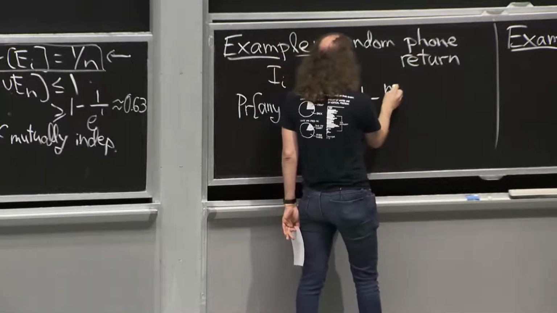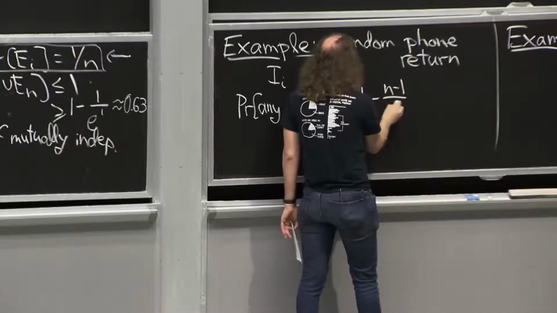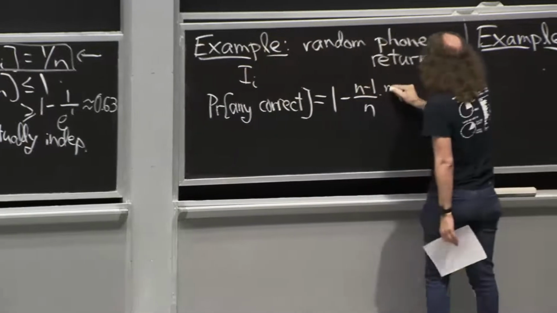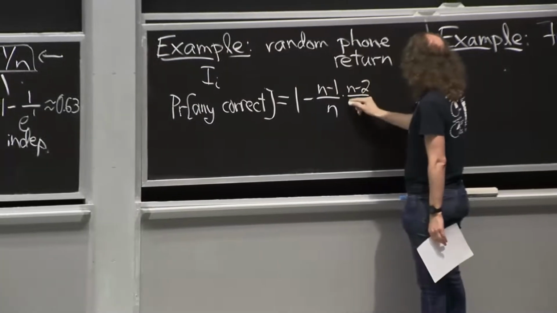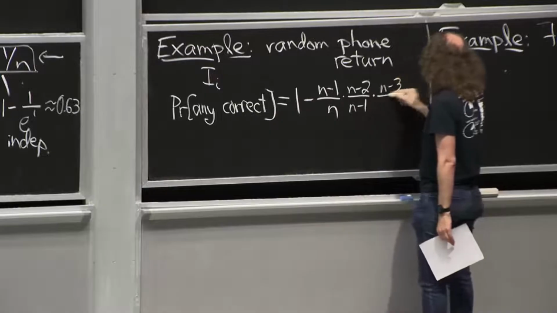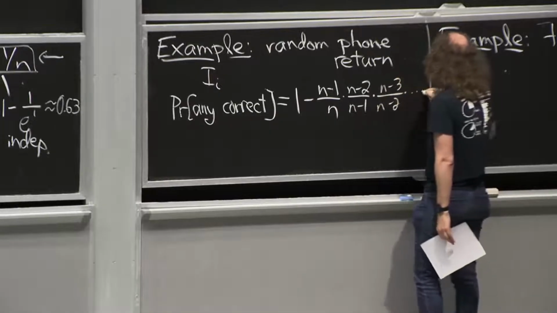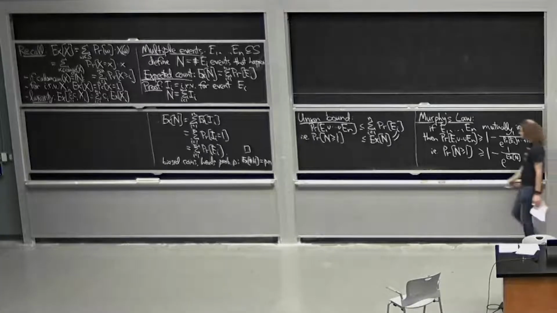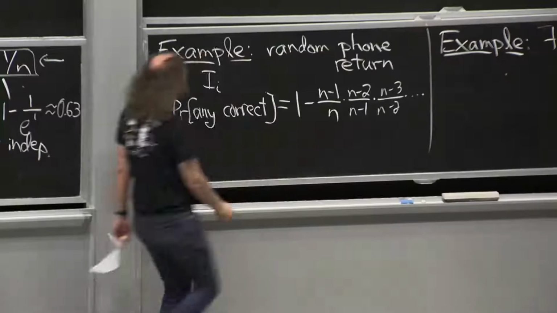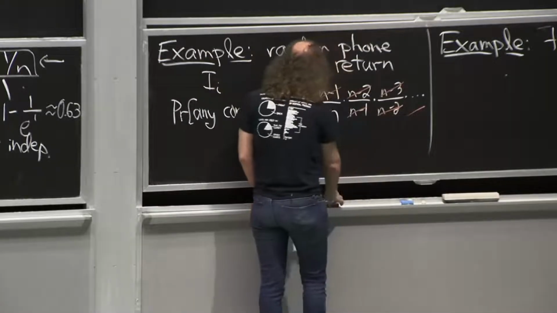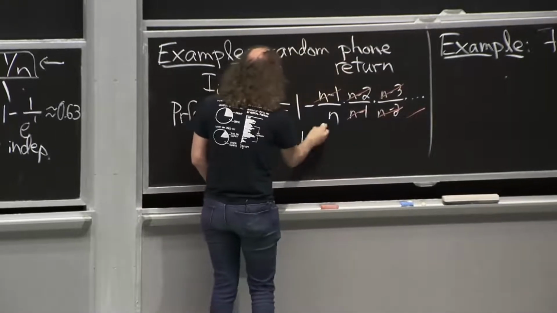So for the first person, there are n minus 1 choices out of n where they get the wrong phone back. And then the second person, there's n minus 2 choices out of n minus 1 for them to not get their correct phone back, and so on. And get my cancellation shock. N minus 1s cancel, n minus 2s cancel, n minus 3s cancel, and so on. We're left with 1 minus 1 over n.